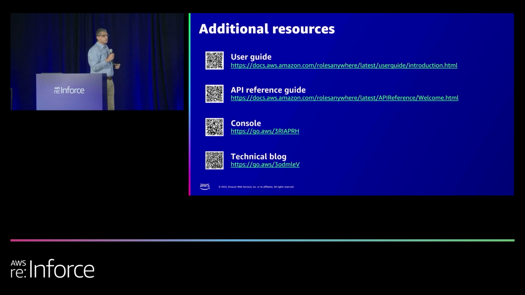This is a link for the console. So as Bob was showing, from the IAM Roles landing page, you can go and start managing the IAM Roles Anywhere feature from there. And last but not least, this is a reference to a technical blog that gives a step-by-step procedure needed to set up IAM Roles Anywhere and start obtaining the temporary credential for your workloads.